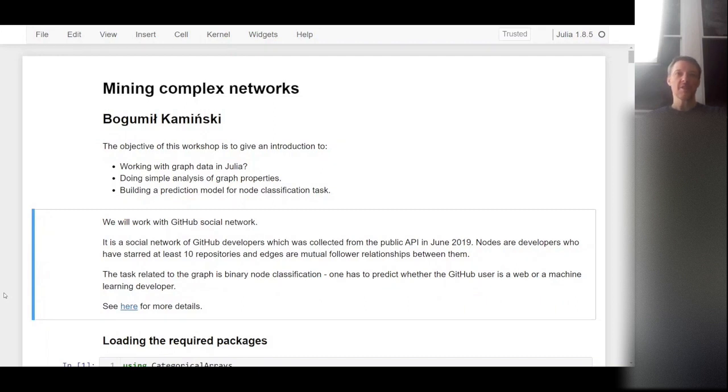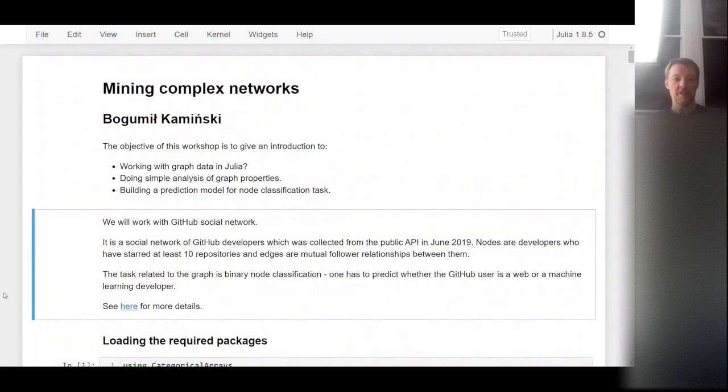I define an edge if developer A followed developer B and developer B followed developer A. So we can see that in this case, this edge is a mutual relationship. So we can say both A knows B and B knows A. And this assumption will be important in our analysis.